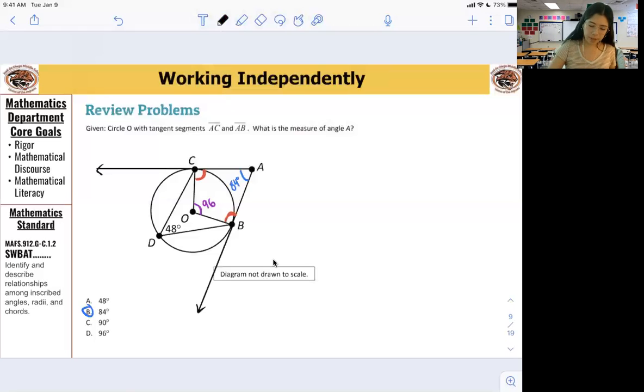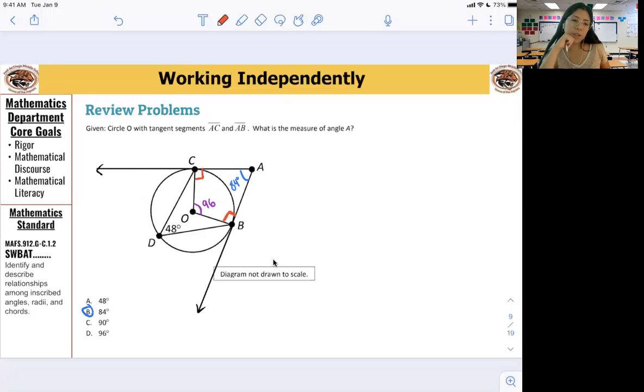Those are 90 degrees. Yep. That's a 90 degree angle, and that's a 90 degree angle. Also, you could have figured that out because these add up to 180, so they're each 90. All right.